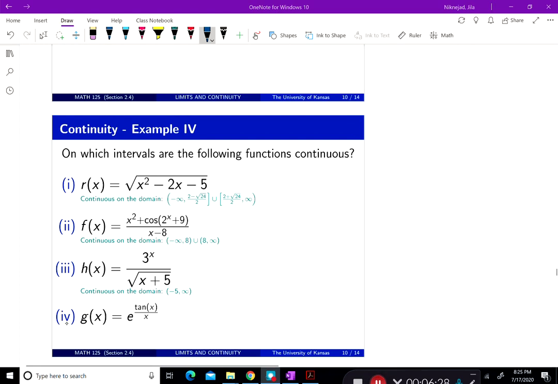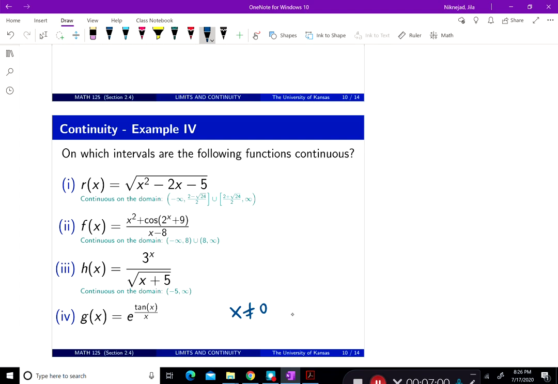So how about part 4 of the example, e to the power tangent of x over x. Here I immediately see that x equal to 0 cannot be included. Also, anywhere the tangent of x is not defined is not included in the domain of this function.